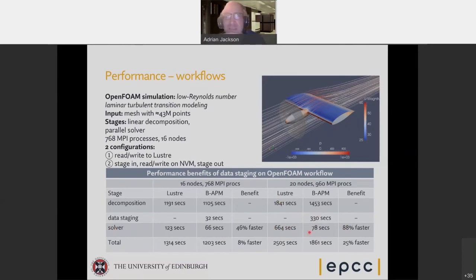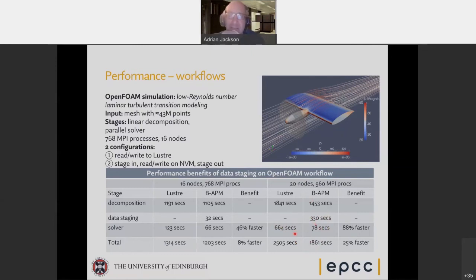But you can see here that we can get our solver to go nearly 10 times faster when we write to this local storage than we do when we write to external Lustre, because it's spending a lot of time doing the I/O. And that means that we can get rid of all that kind of overhead by using the fast local storage. Now, at the end, we still have to copy the data back out again, and that takes a bit of time. So it doesn't speed the whole thing up 100%.